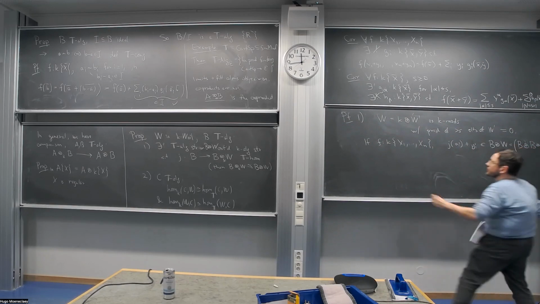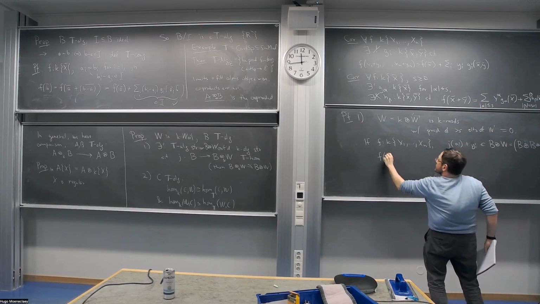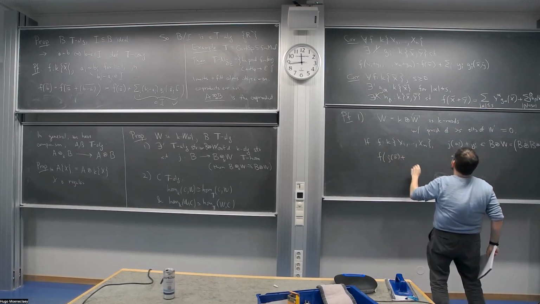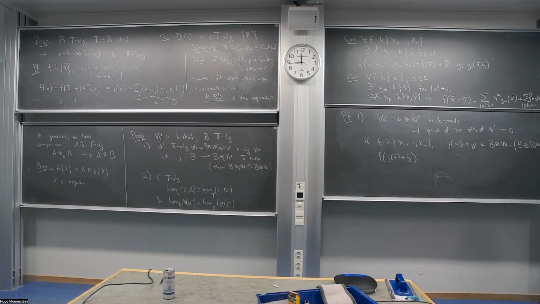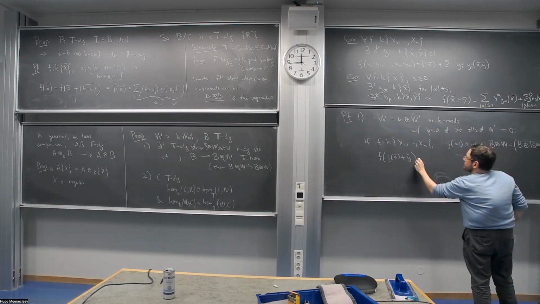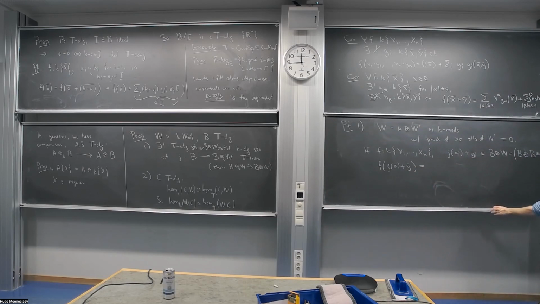Okay, so now we want to know what F of these should be. So F of the a's plus y's. I want to know what this is. Well, I just use literally this form up there.